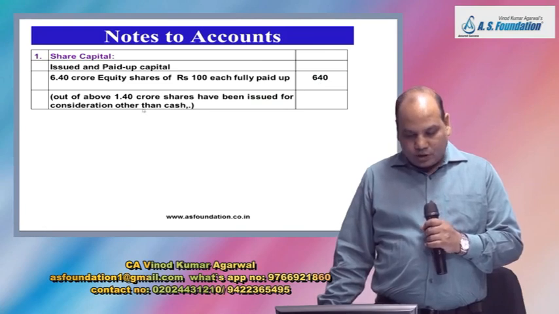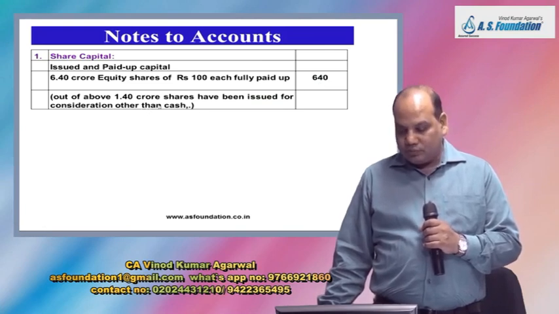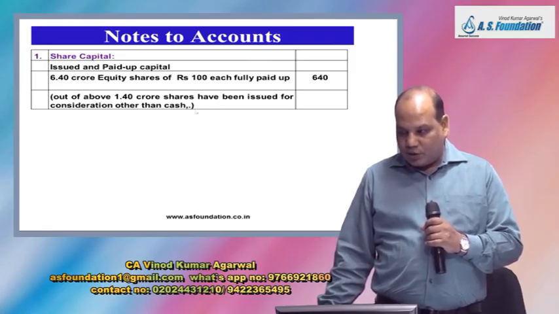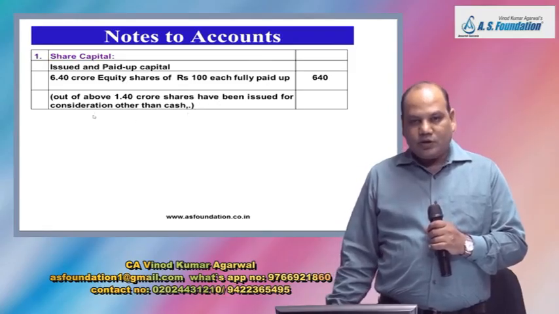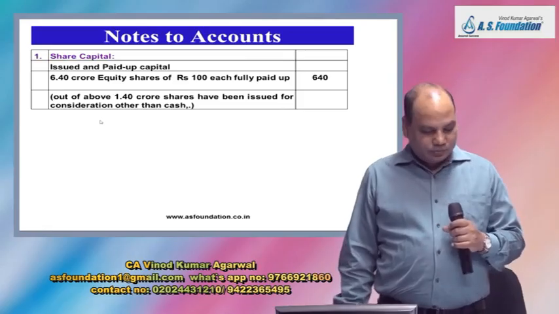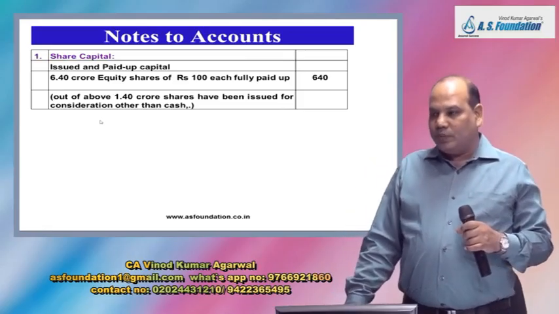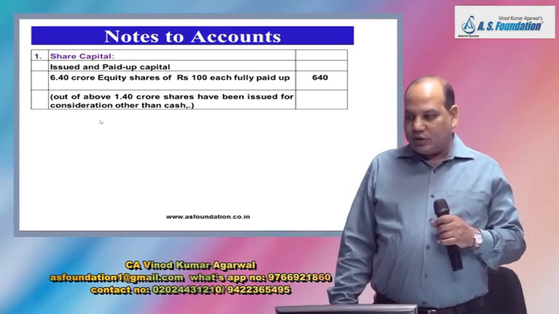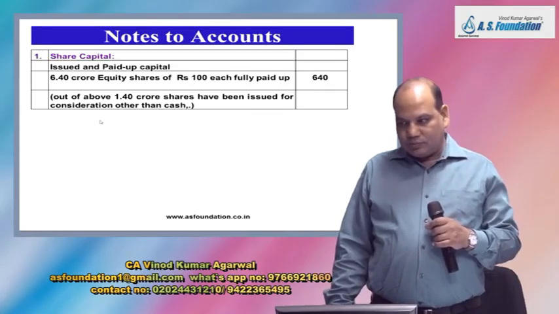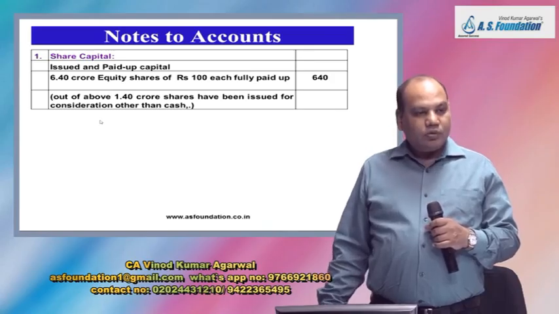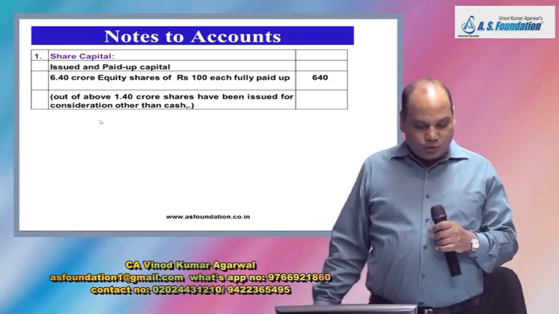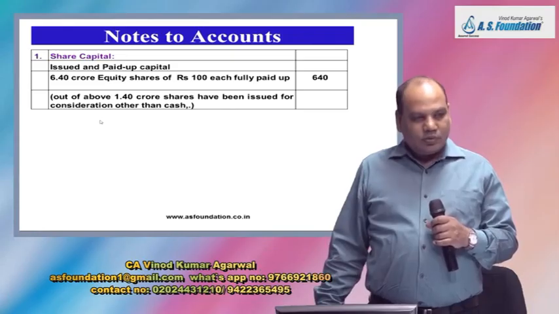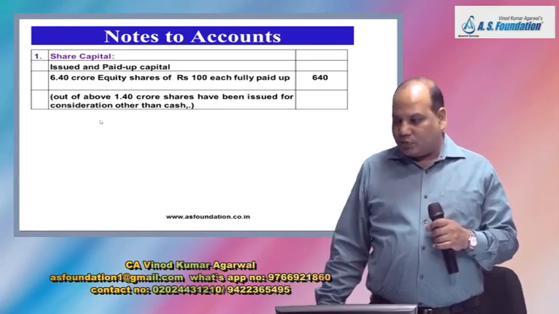Then out of above, 1.40 crore shares have been issued for consideration other than cash. This 640 you write in the SOFP. Share capital 640 write down.